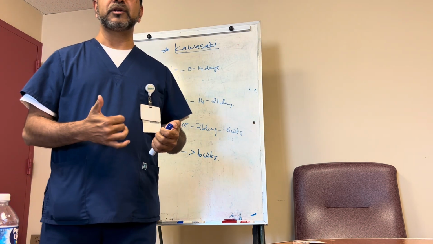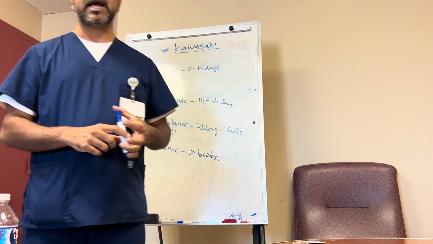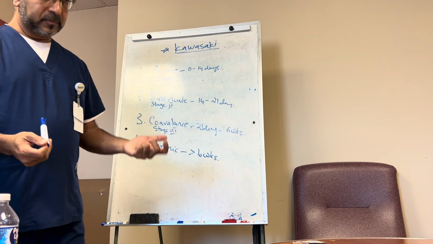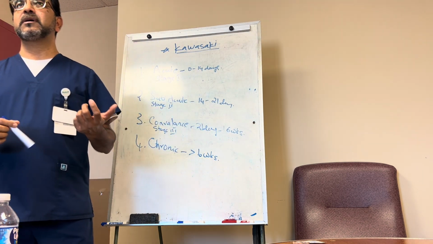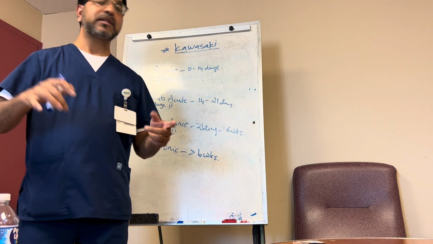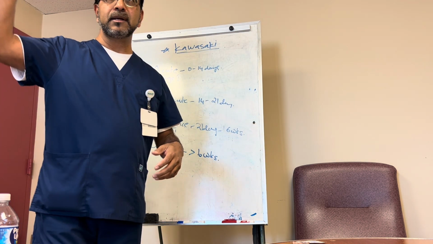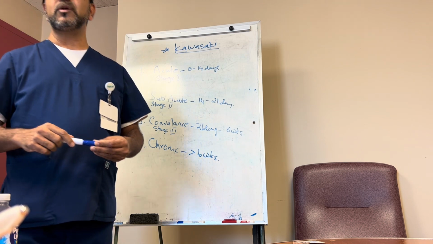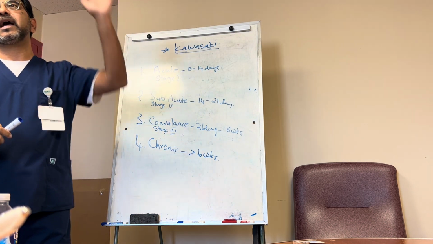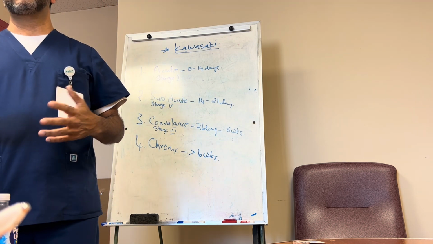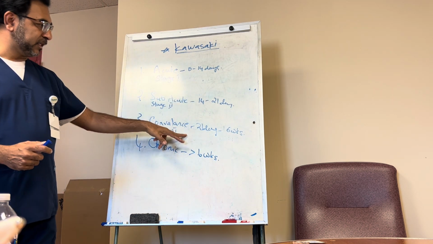You have coronary artery involvement in the form of aneurysmal dilation. Anything else? Myocardial infarction. That comes under chronic. Even adults need to know about this because they're more prone, but that happens very late in life. It's very rare to have myocardial infarctions in any of these stages.